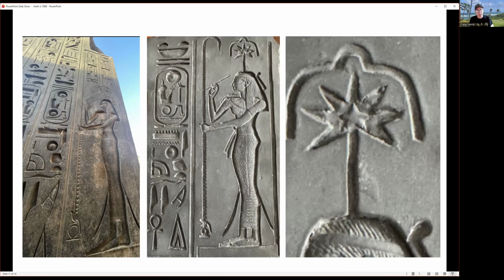So the number 7, do we see it somewhere else? I showed you the 7 Osiris gates and then the keys. And now here we have Seshat, the consort of Tahuti or Thoth. And she's got this 7-pointed star above her head.